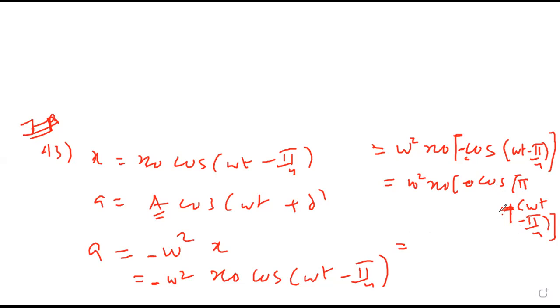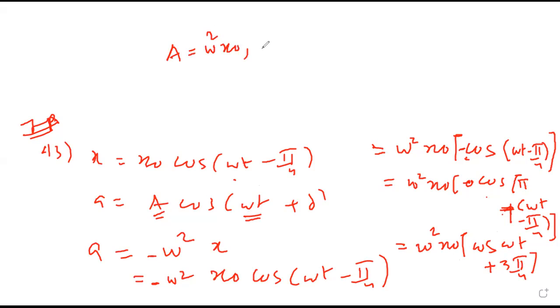So this will become, now it is comparable with this: omega squared x naught cos of omega t, because I want the omega t format. Pi minus pi by 4 will become plus 3 pi by 4. So now by comparing, A is nothing but omega squared x naught and delta is 3 pi by 4. I hope you all followed. Yes, sir. So the correct answer is option A.